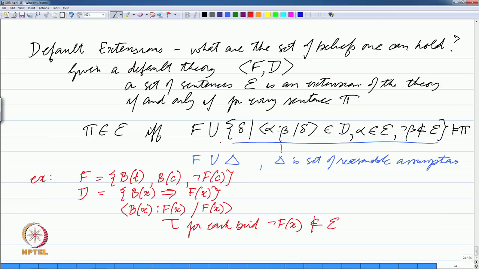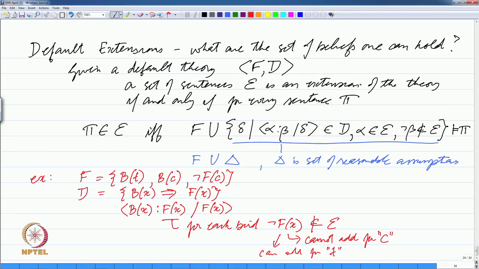Remember that the extension is made up of all sentences which are entailed by the first order theory and the set of assumptions, which means the set of assumptions are also entailed by the default theory. So, obviously, we cannot add it for Chili, but can add it for Tweety.